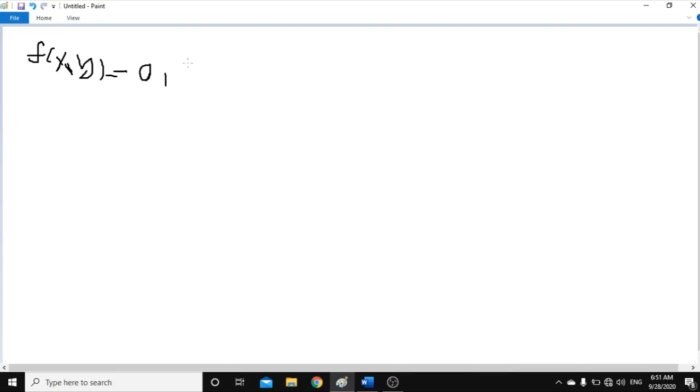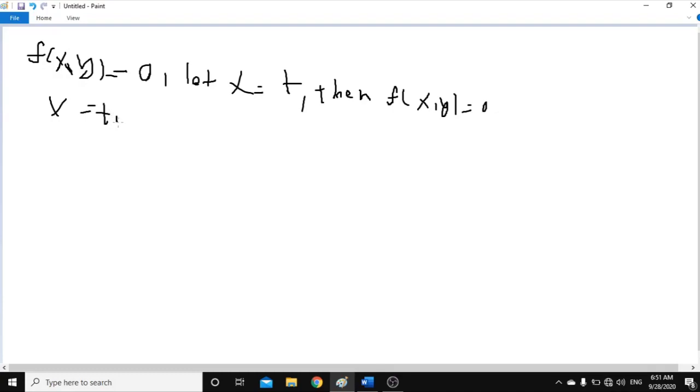So if we let, for example, x equal to t, then f of x comma y is going to be equal to 0, where x is equal to t and y is going to be equal to f of t.